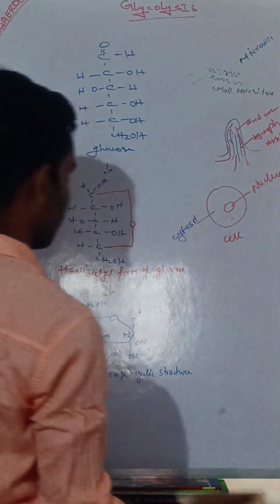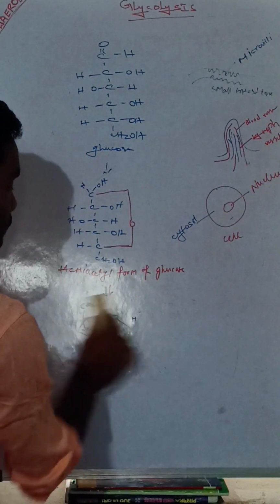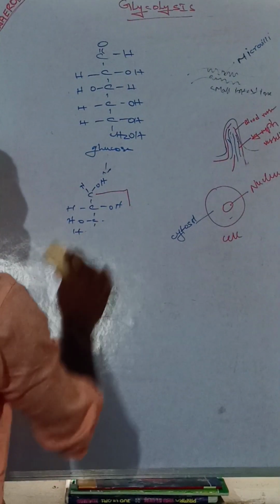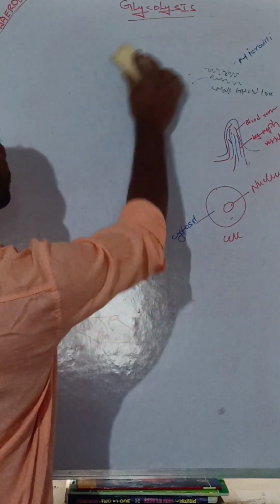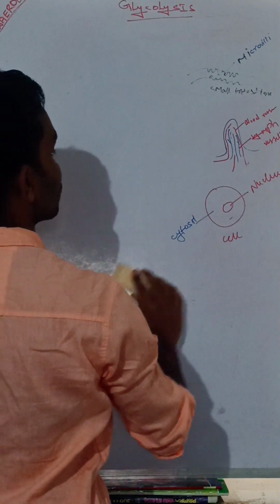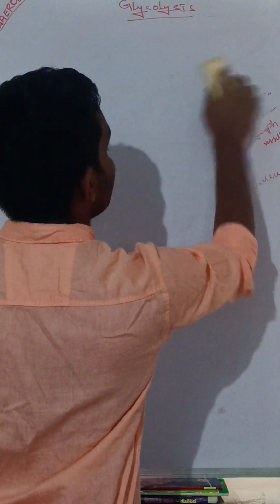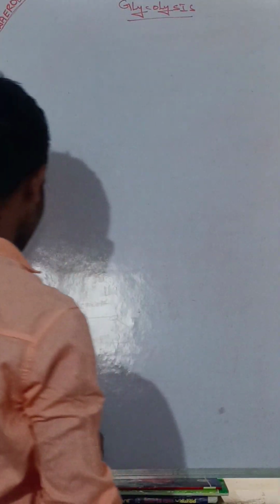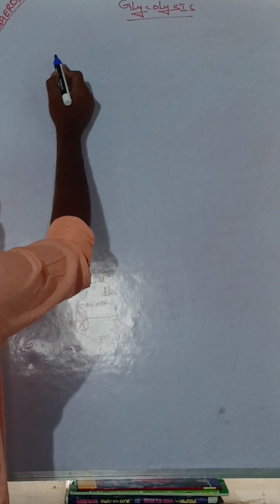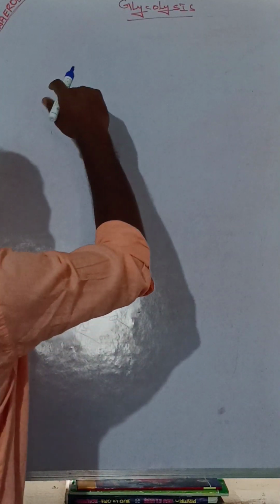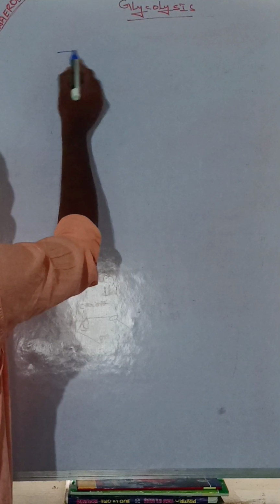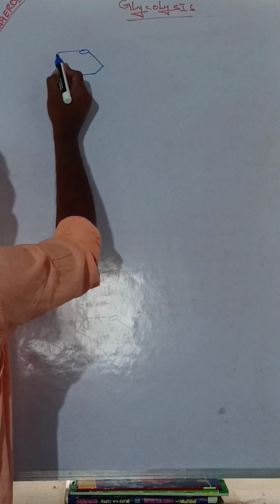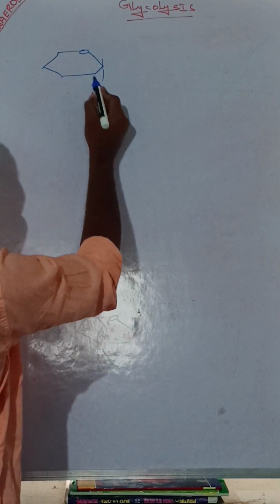Clear, right? See here. Let me write the cyclic form of the glucose. Okay.